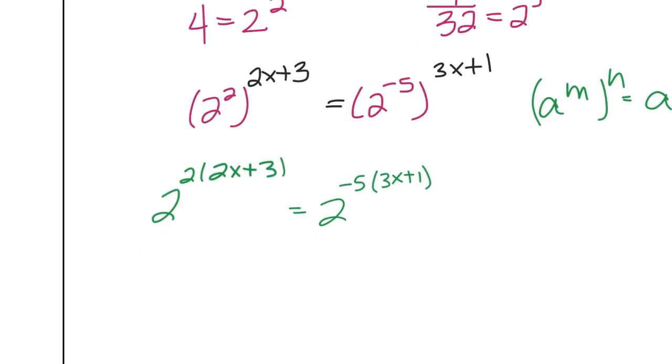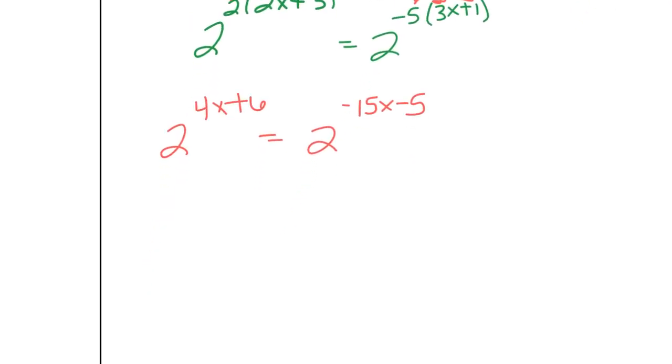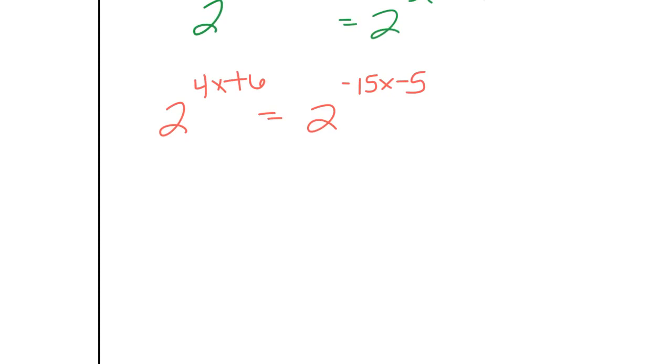So let's clean this up. 2 times 2x, we have 2 to the 4x plus 6 equals 2 to the, distribute out the -5, -15x minus 5. Okay, now bases are the same, exponents are cleaned up. That means I can drop these bases and set the exponents equal to each other. Solve this for x.